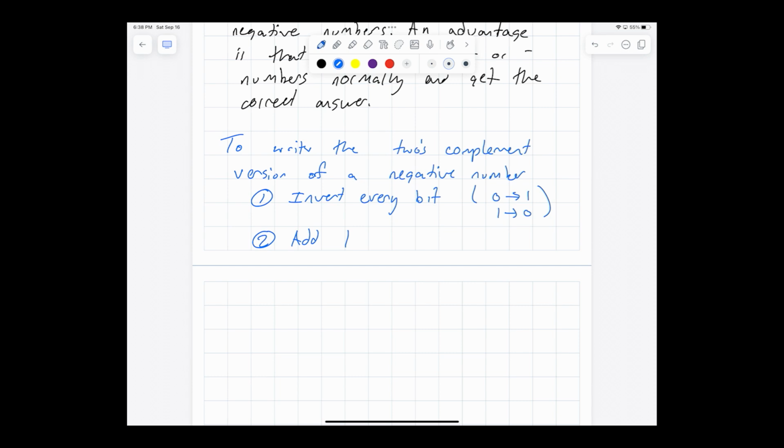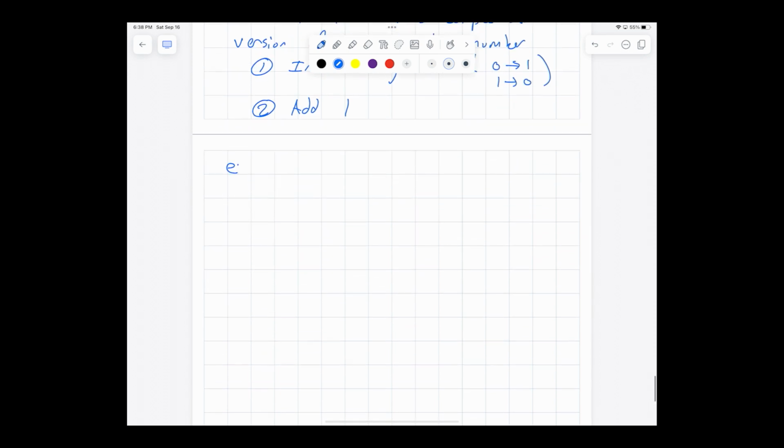Okay, so as an example, I'll show you an example first. How do we write a 5-bit number?